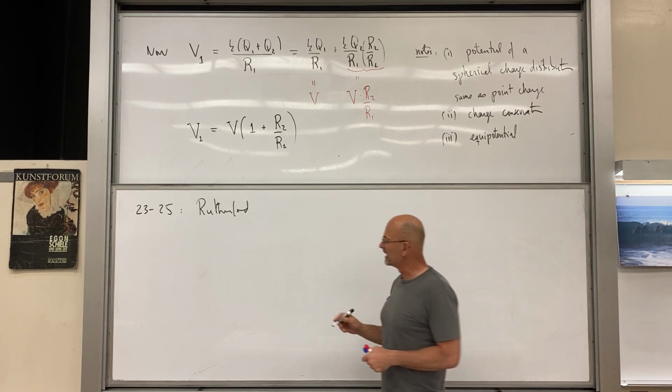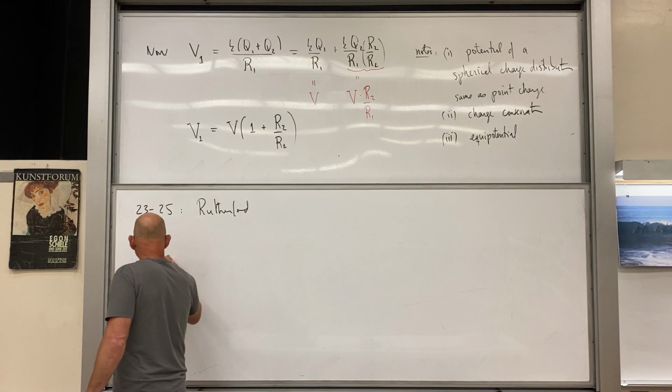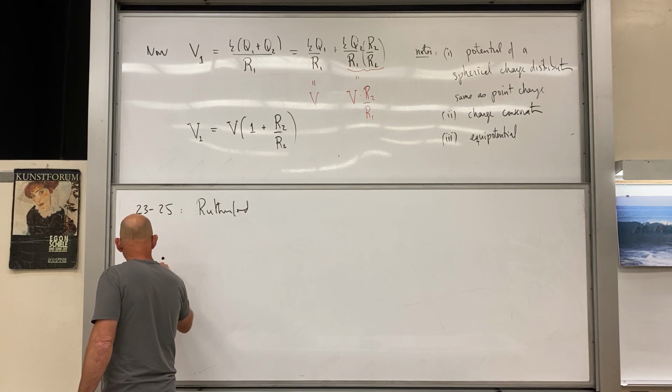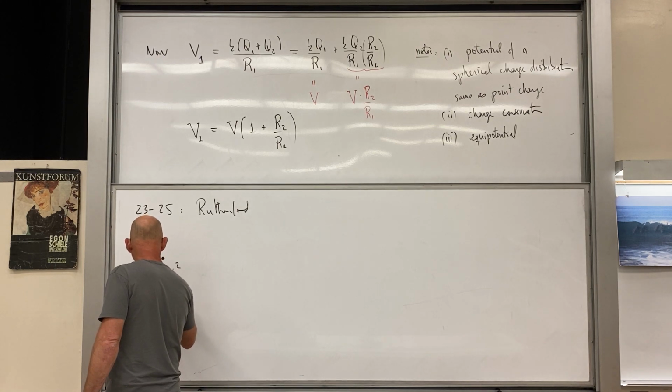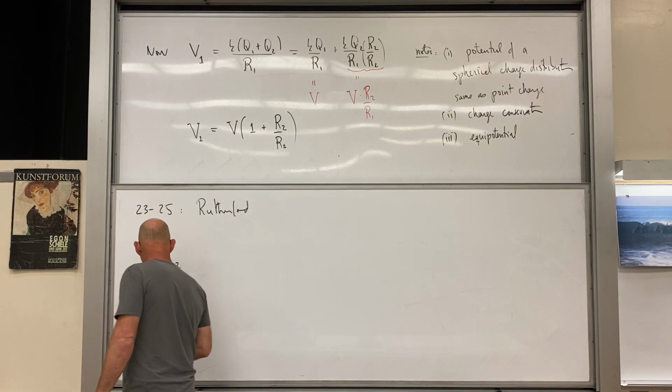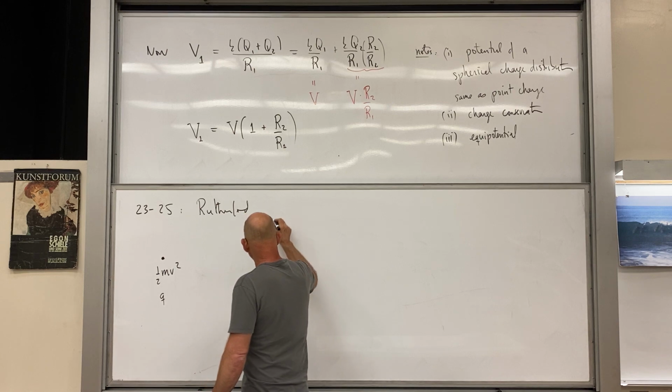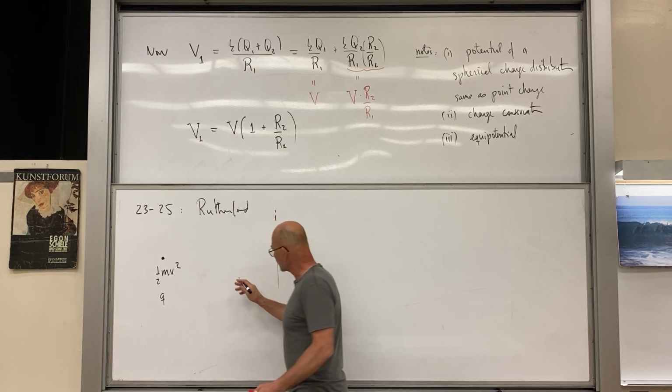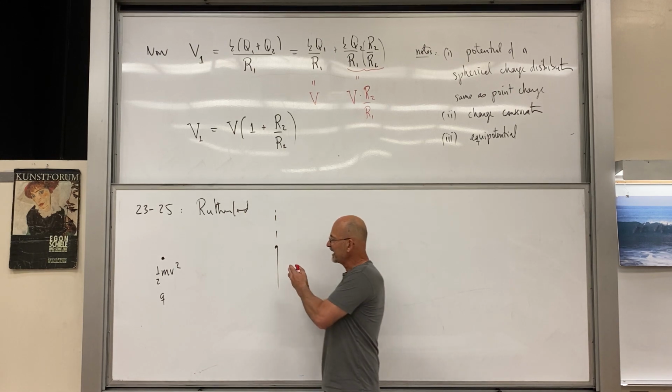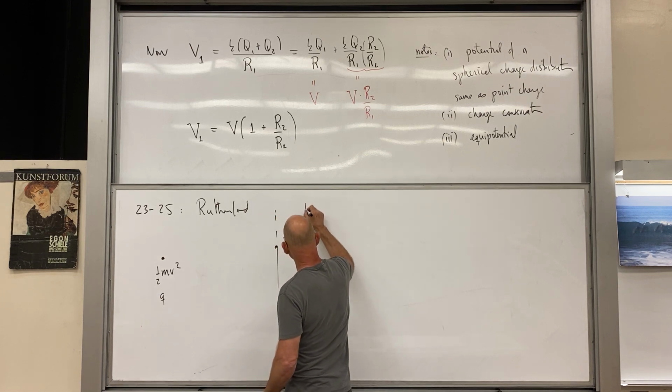Okay, but really, I'll just draw a picture here. So we've got some 1/2 mv squared and some charge, and it's being launched at this target, which is a gold molecule, and the idea is it's energy conservation.